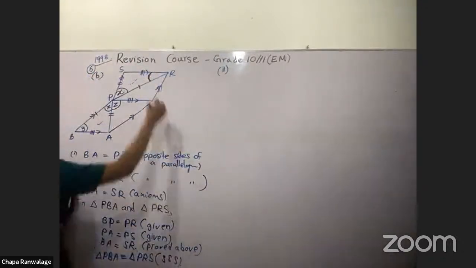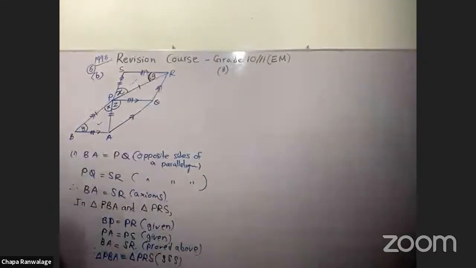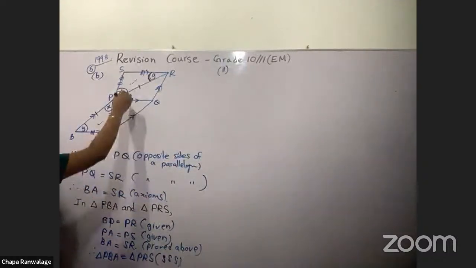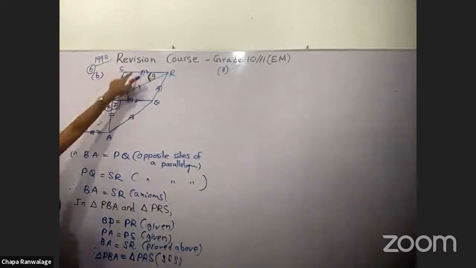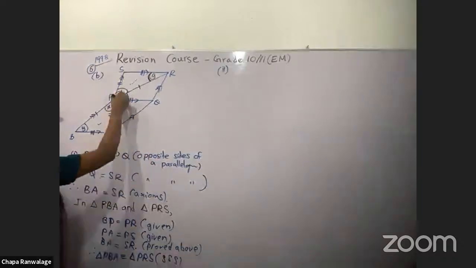So this is y. Okay. Then what about this angle? Now here. Yes. What about this angle? These two are parallel, so this one also y.